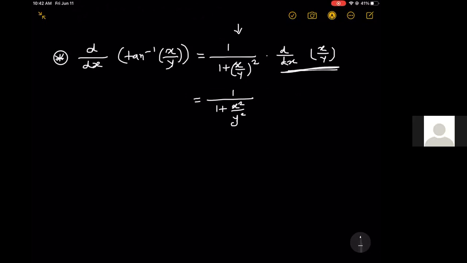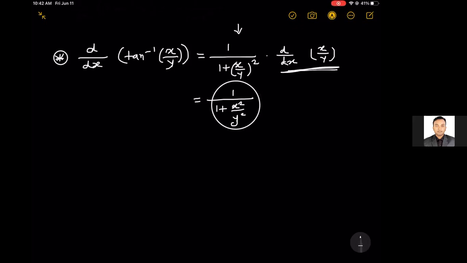What's the derivative of x over y? Yeah, we'll go to the simplification part of this. But right now, we're trying to find the other half of the problem. What's the derivative of x over y?